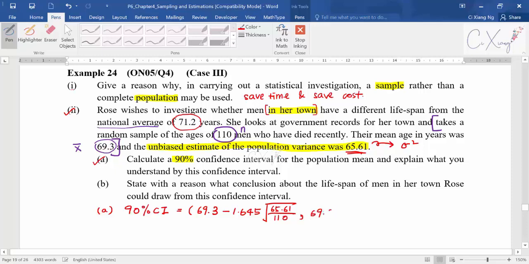The same thing happens for the other end. Eventually, if you round it off to 3 significant figures for your answer, you should get 68.0 and also 70.6. So this is your final answer.